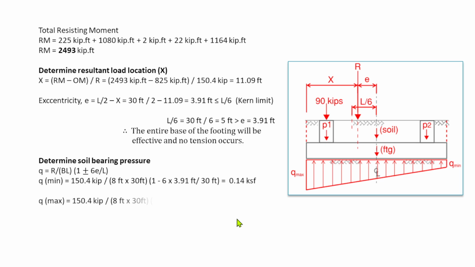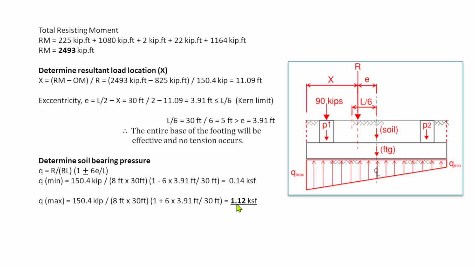Then the maximum soil bearing pressure is 150.4 kips over 8 times 30. So we use 1 plus, that is the maximum, plus 6 times 3.91 feet over 30 feet.